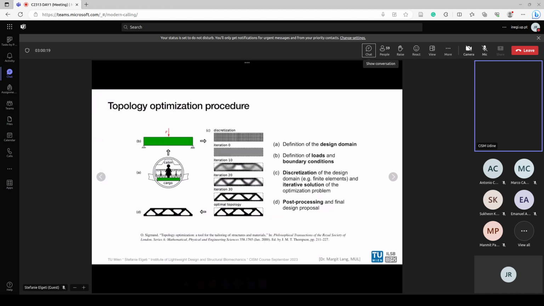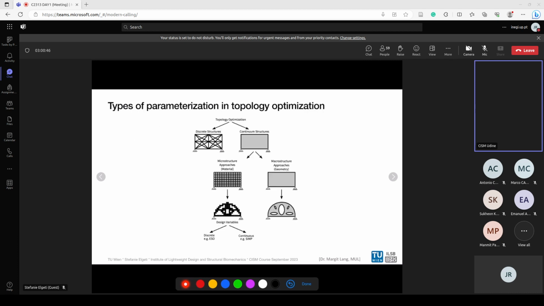There's a certain load, and this could be our design domain in green. We define the loads and the boundary conditions, and then we perform a discretization of our design domain, for example, with finite elements. And then we iteratively find the solution of our optimization problem, and we end with post-processing and the final design proposal. This is the general idea.